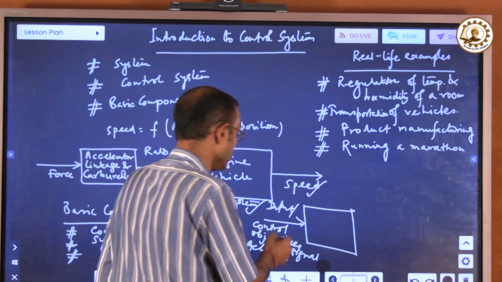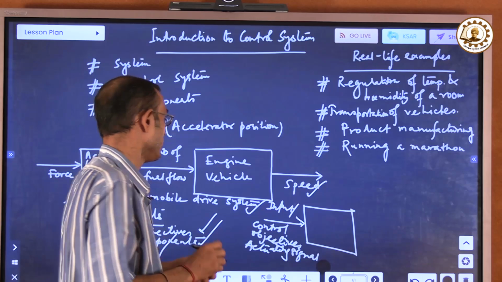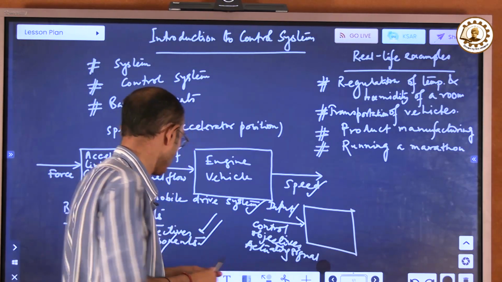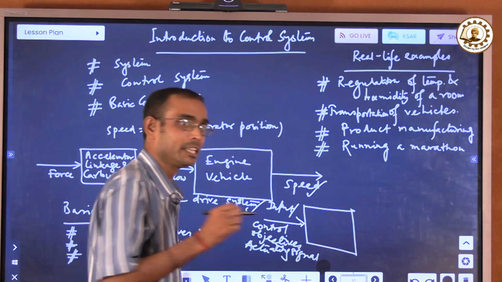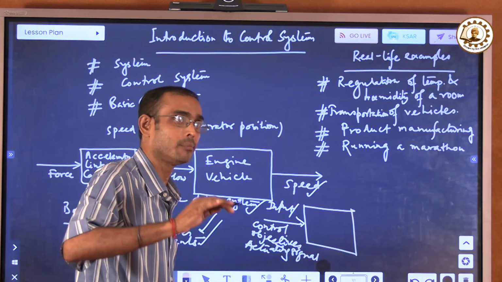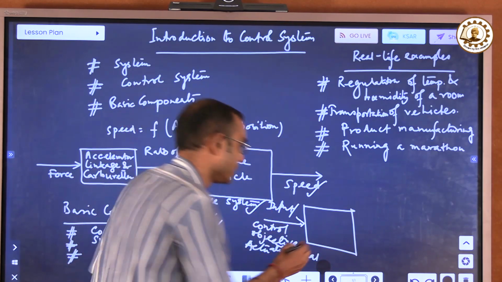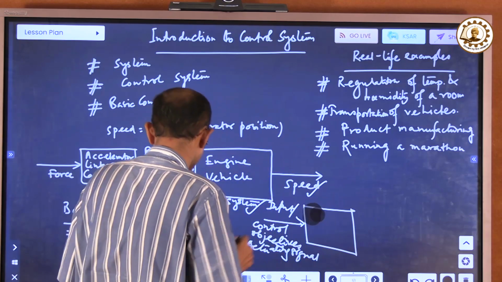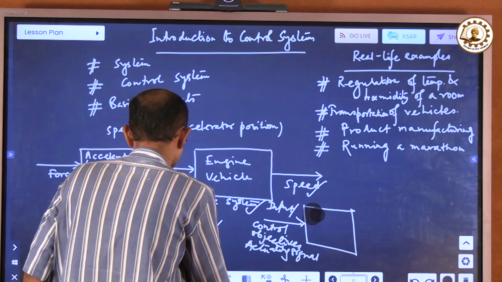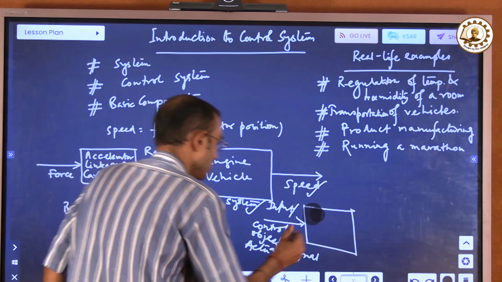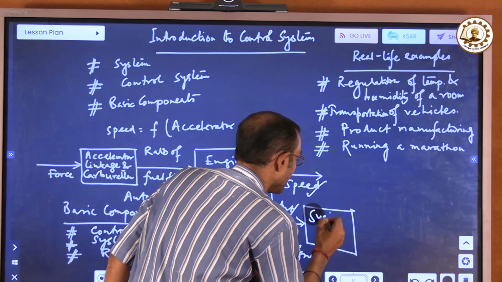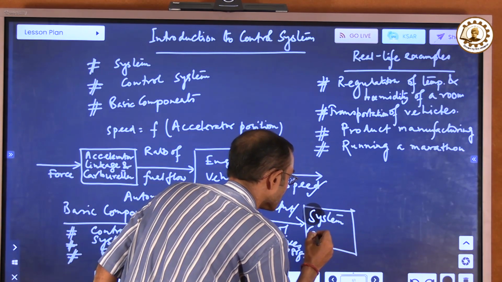So this actuating signal or the input is one component which will be generated from the control objectives, and it will go into this block, which has the whole architecture of the system inside it. Inside this block we will just write system components.